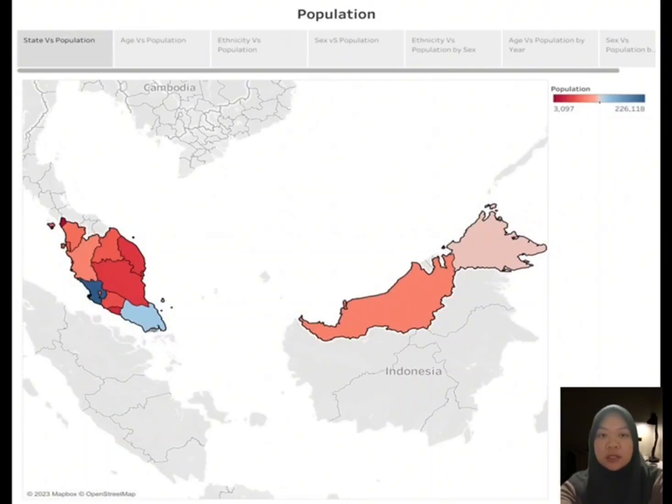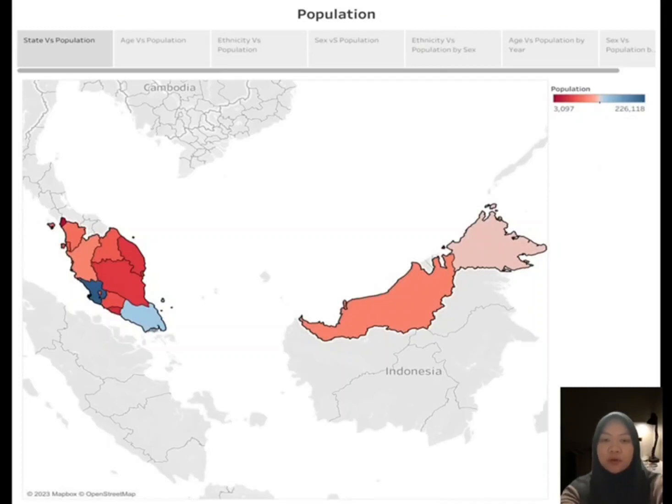58,345 and 55,943 residents respectively. Moving towards the mid-range populations, Negeri Sembilan records approximately 51,599 inhabitants, while Pahang stands at around 38,689 residents.